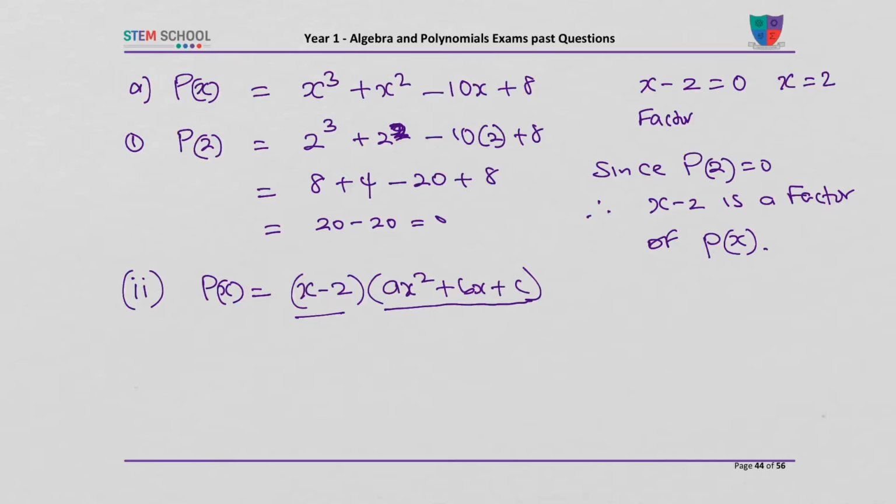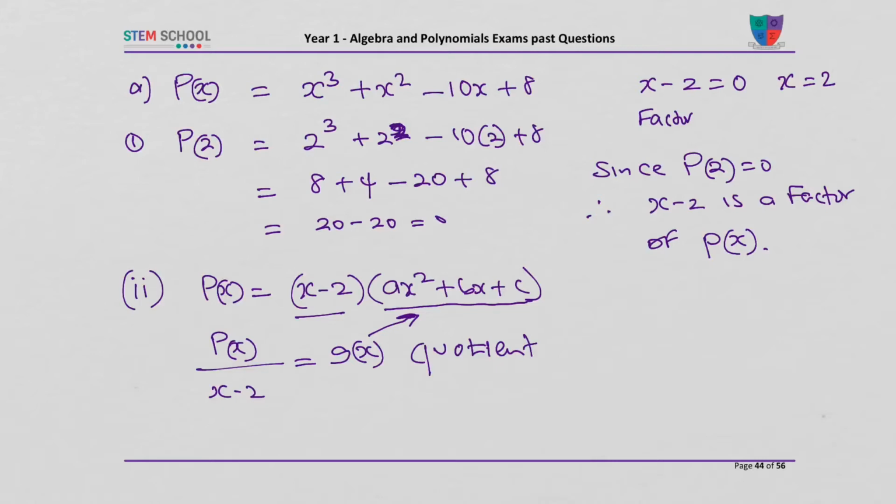In order to do that, we use p(x) over the divisor, which is x - 2, equal to g(x), where g(x) is the quotient. That will be the quadratic, and when we solve the quadratic, we find the other two linear factors.